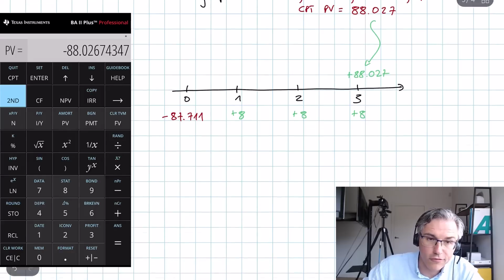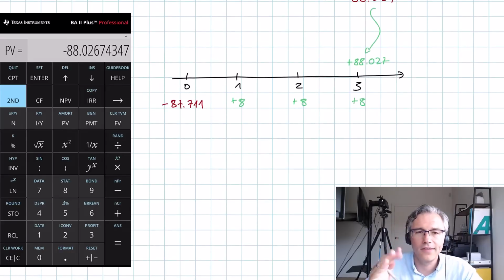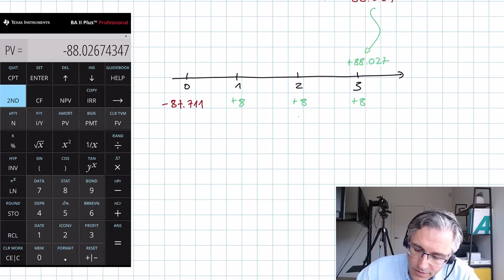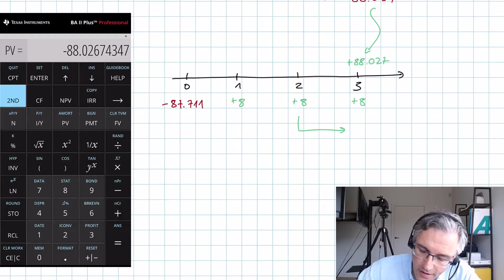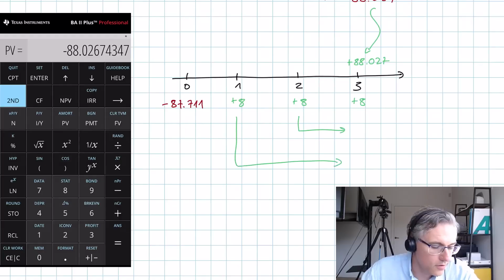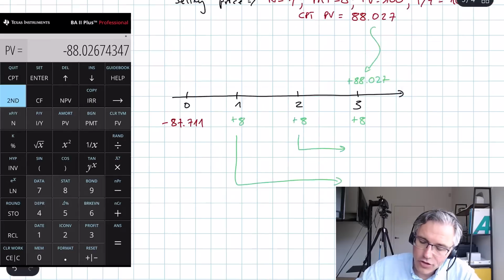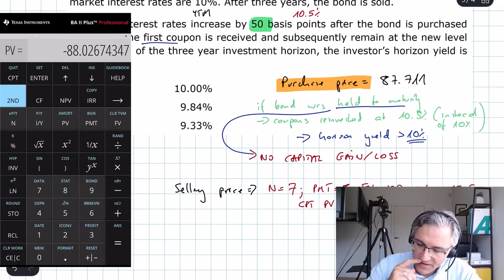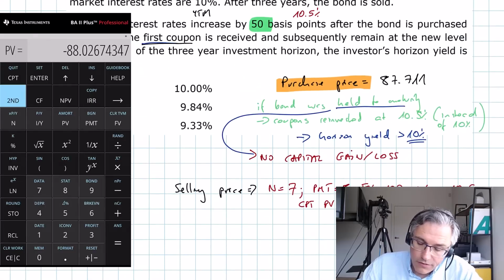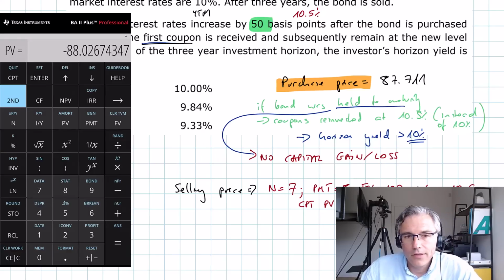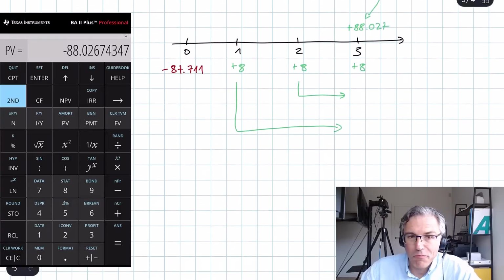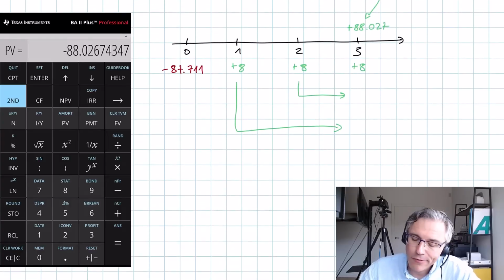So the third coupon is received precisely at the end of year 3. The previous two are received earlier and had an opportunity to earn something from reinvestment. However, now, because the change in interest rates happened just before the first coupon is received, that will have an impact on how both coupons are reinvested.